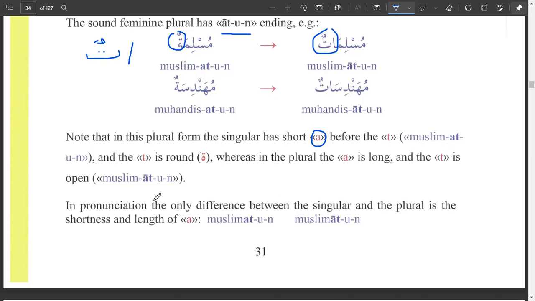But when there is a plural and there is an alif, we make it long. Muslimatun. And this ta is an open ta. Muhandisatun.